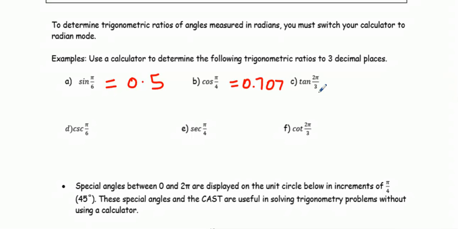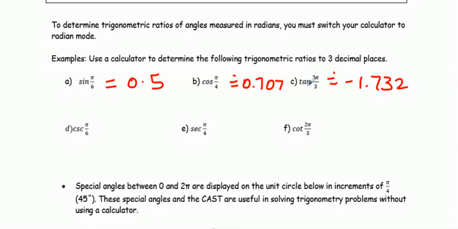And so, oopsie, I took the sine of it. 2 times pi divided by 3 equals, and then I want the tan of that. That's giving me approximately negative 1.732 as my ratio.